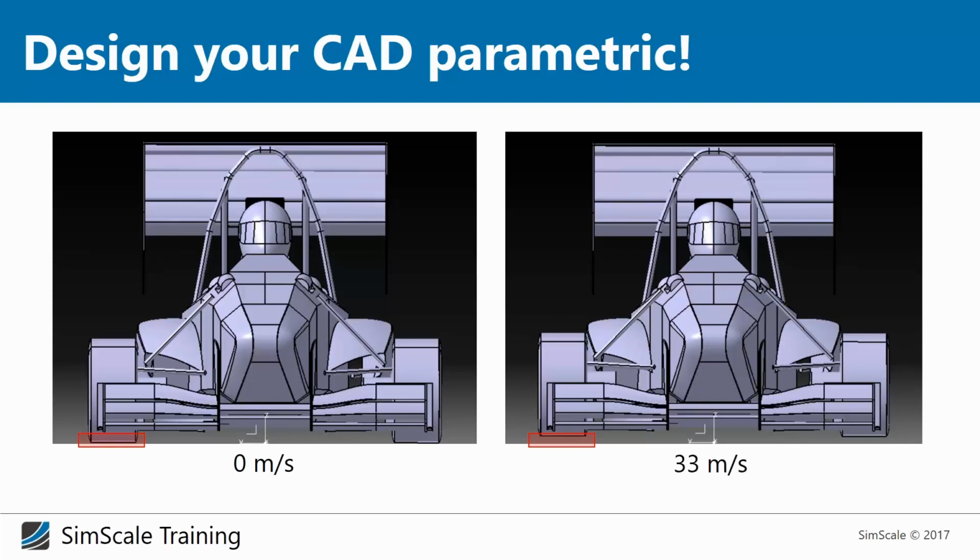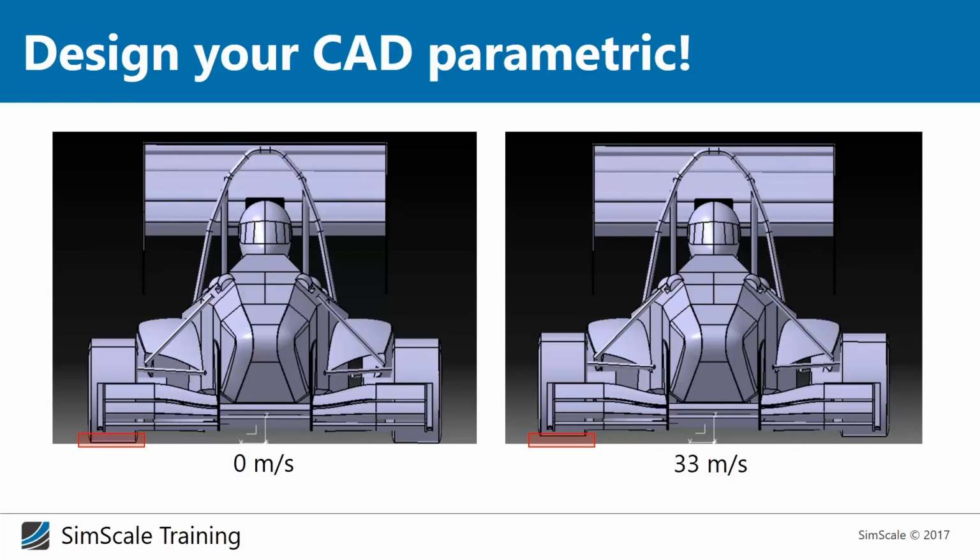And here you can see that we designed the tires not fixed to a position, they are moving. So you can see that on the left-hand side, the tires are touching the ground. On the right-hand side, there is a big space between the ground and the CAD model and the tire.